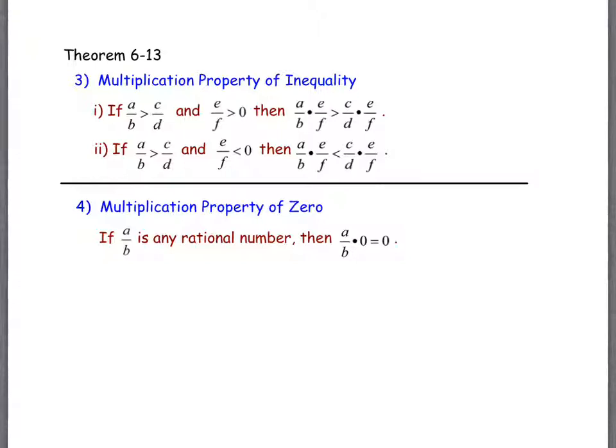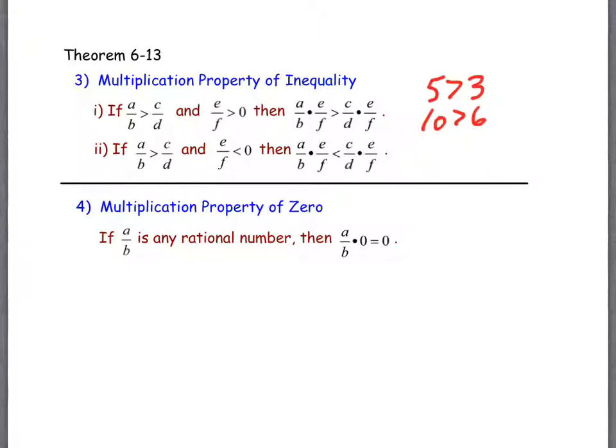This is the multiplication property of inequality. The multiplication property of inequality is used when we have inequalities. And what it says is if we have two fractions, one's bigger than the other one, right? The A over B is bigger than C over D, and you multiply them both by a value that's positive, then the direction of the inequality stays the same. In other words, if I had 5 is greater than 3, and I multiplied them both by 2, I'd have 10 greater than 6.